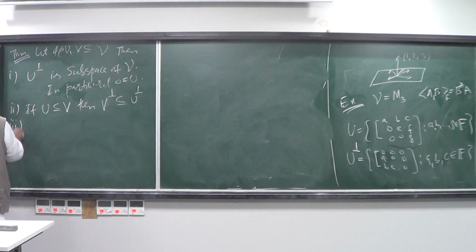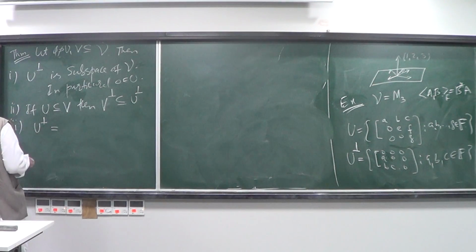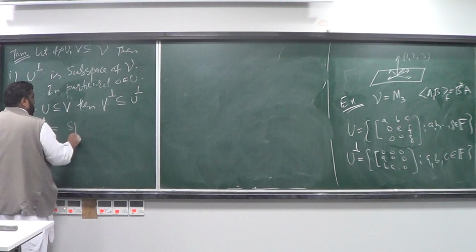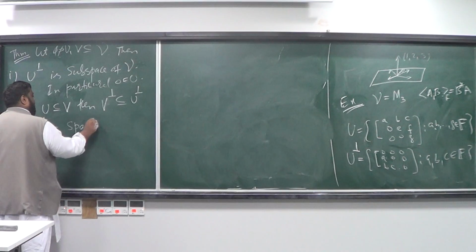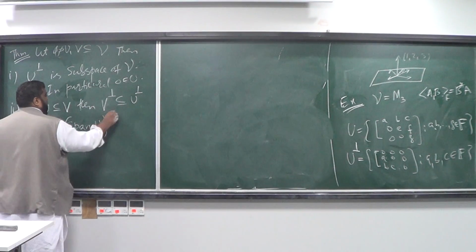The third property is that U perp is equal to the perp of the span of U. Consider the span of the set U. We know that the span is always a subspace, and compute its perp.